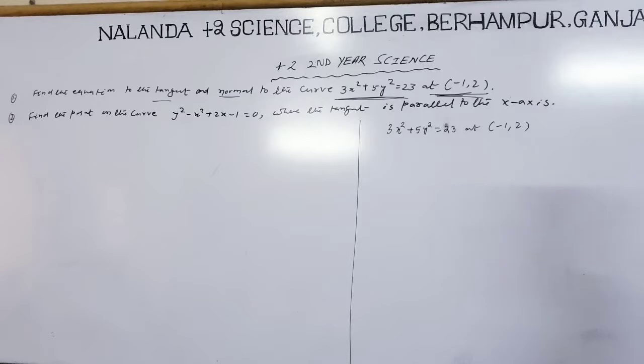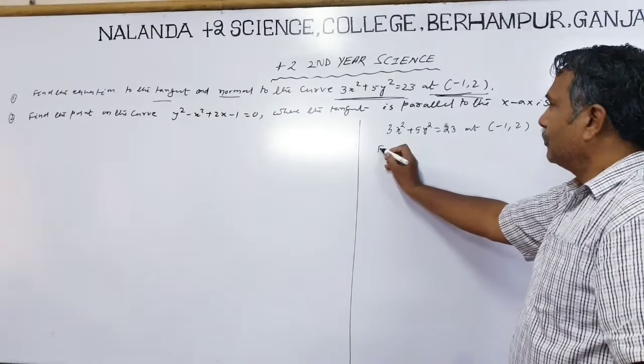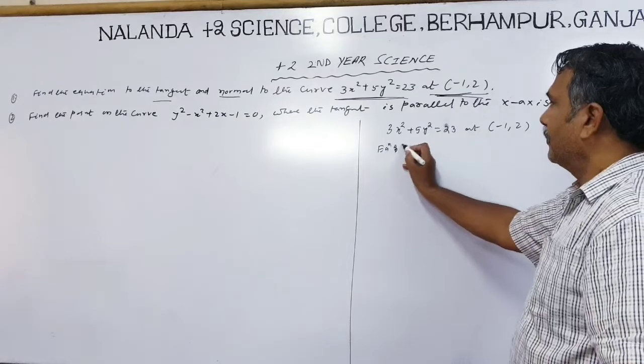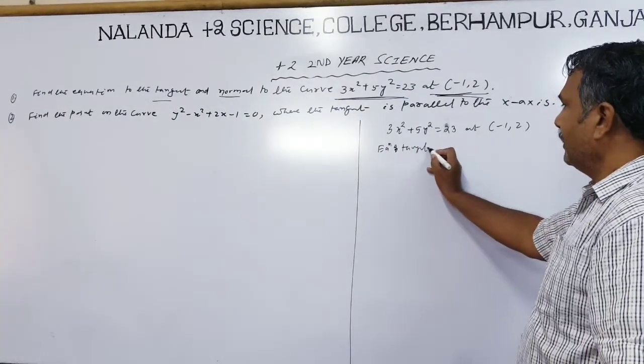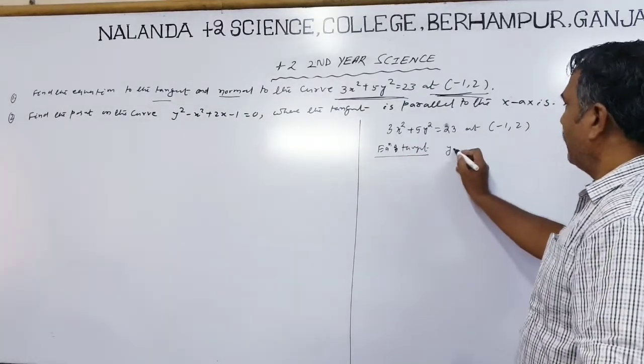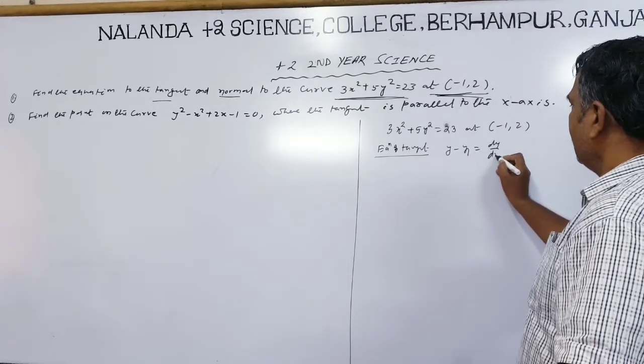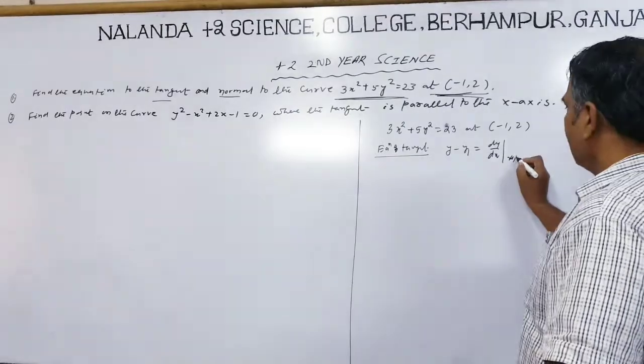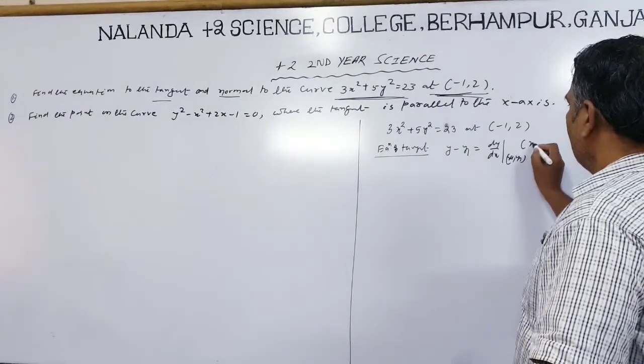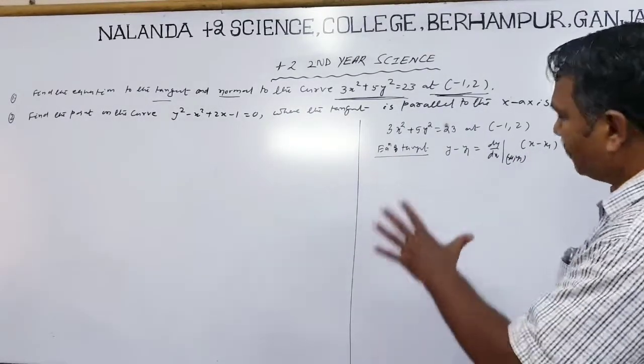So what is the equation of tangent? First write the formula. Equation of tangent: y minus y1 equals dy by dx at x1, y1 into x minus x1. This is the equation of tangent.